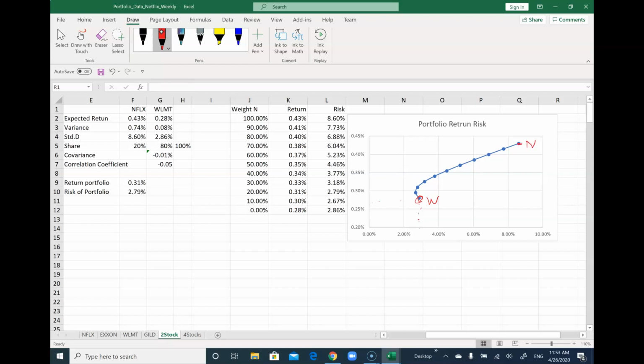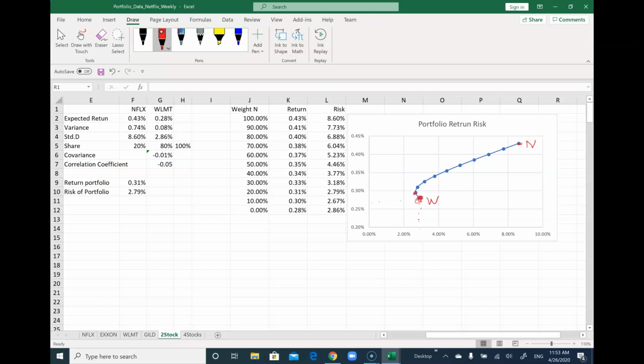So as you gradually increase the share of the Netflix from here, so here you are holding 100% of the Walmart and 0% of the Netflix. And when you increase the share of the Netflix from 0 to 10%, we move from here to here.